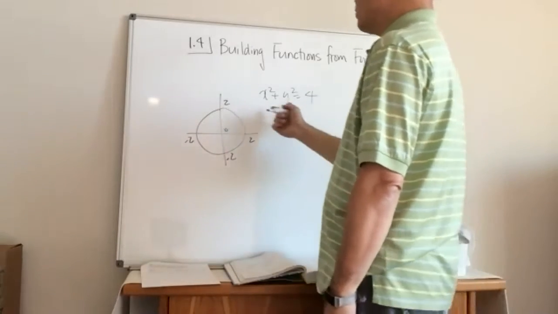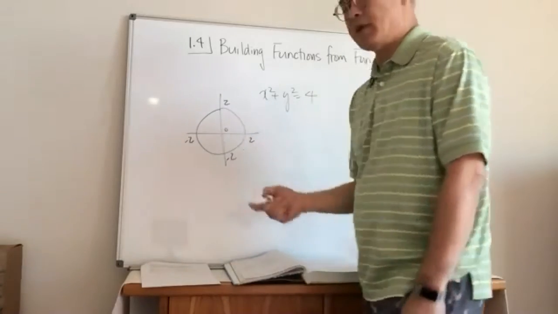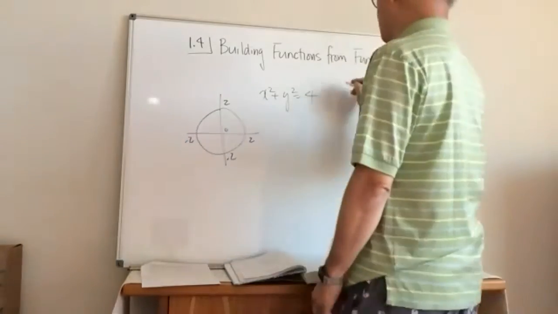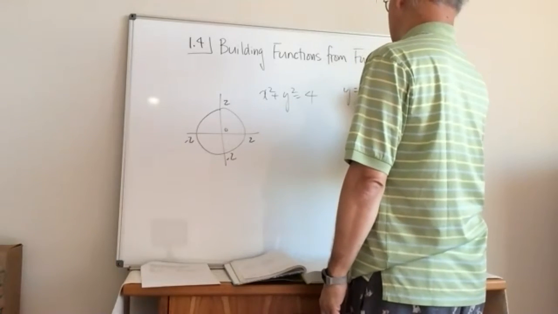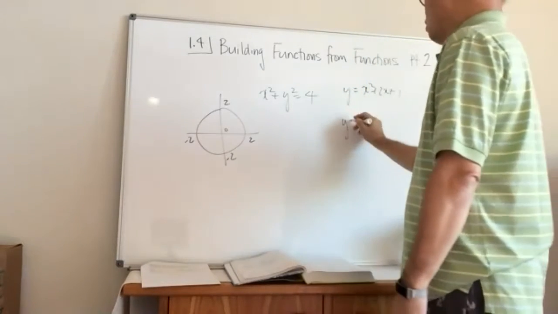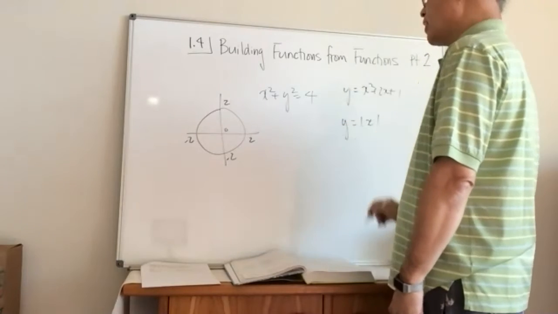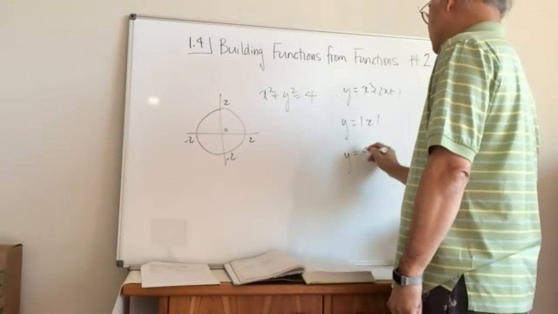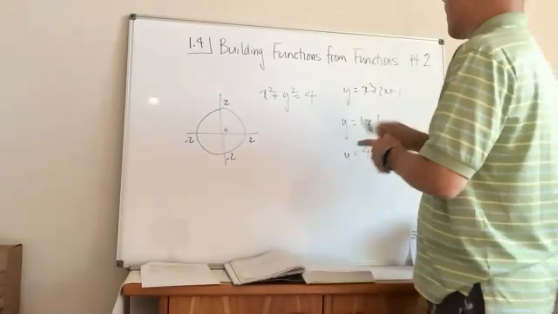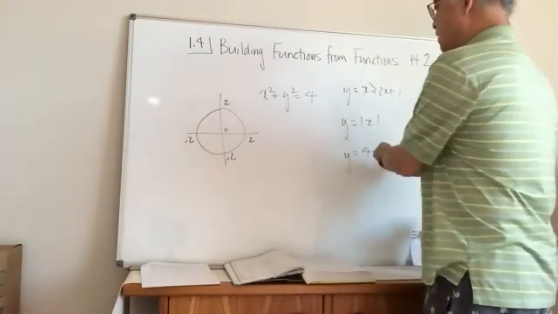Now, most of the functions that we know are explicitly defined: y is equal to x squared plus 2x plus 1, y is equal to the absolute value of x, y is equal to 4x minus 5. In other words, y is explicitly specified for you.